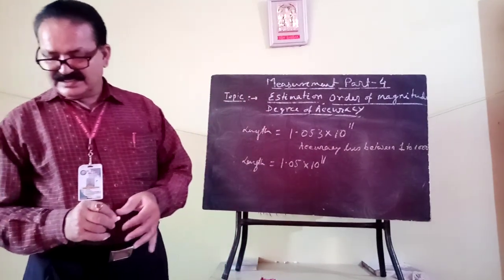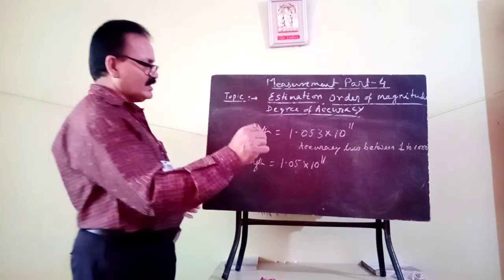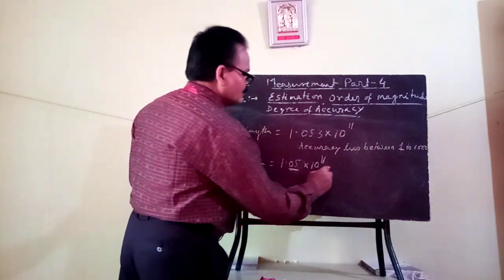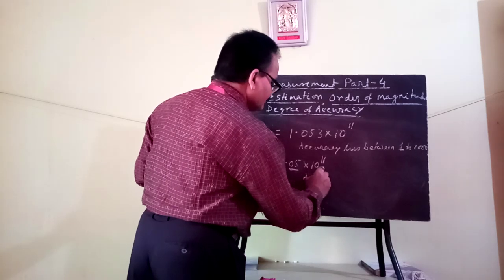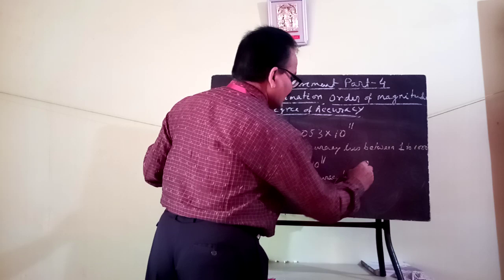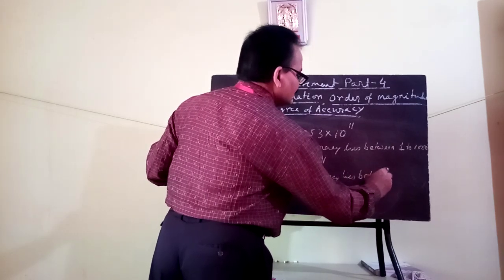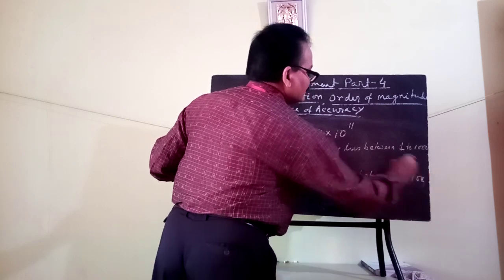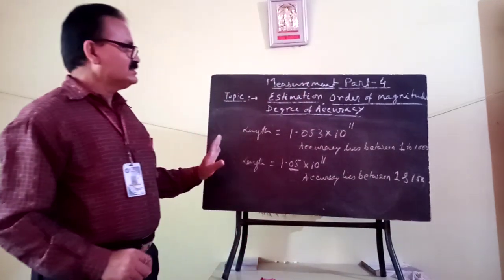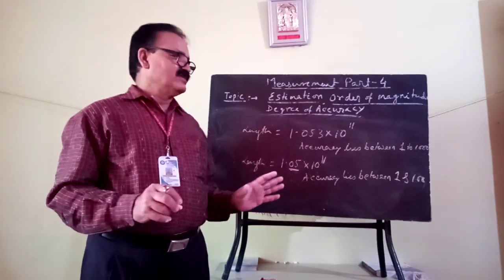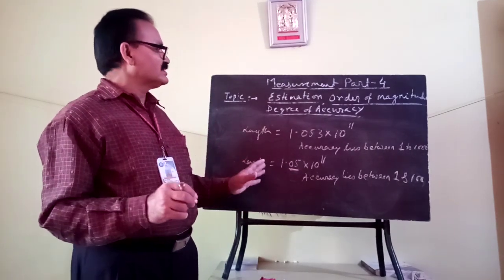In this case, the accuracy lies between 1 and 100, because here it is only 2 decimal places. So likewise, we can express the scientific data while measuring any physical quantity.